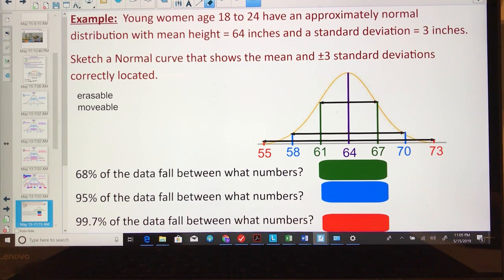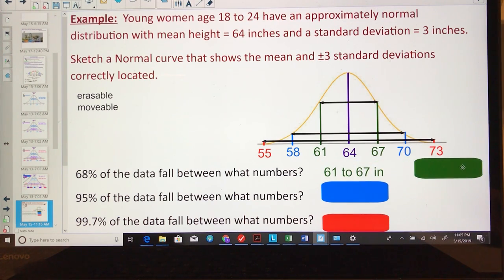So 68% of our data fall between what numbers? Well, this is 68% in here. So 68% of our data falls between 61 and 67 inches. 95% falls between what numbers? Well, 95% is this here. So we should expect that to be 58 to 70 inches.